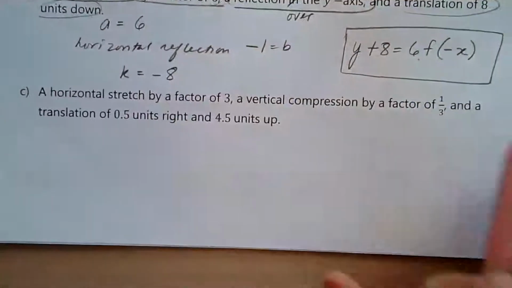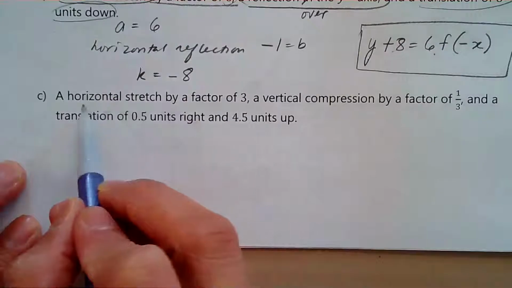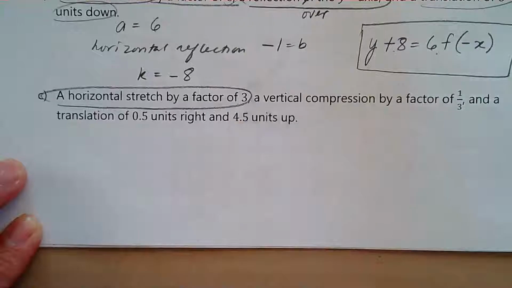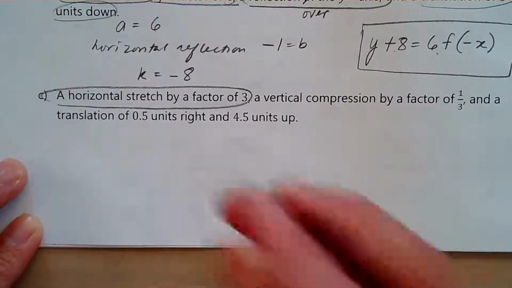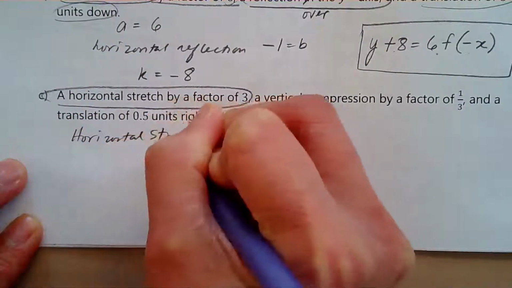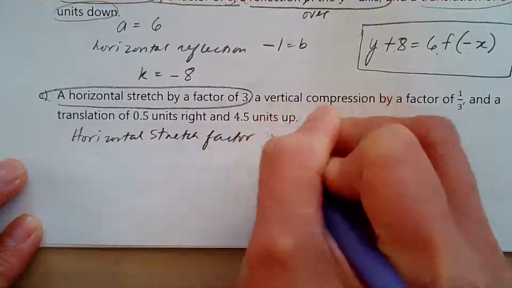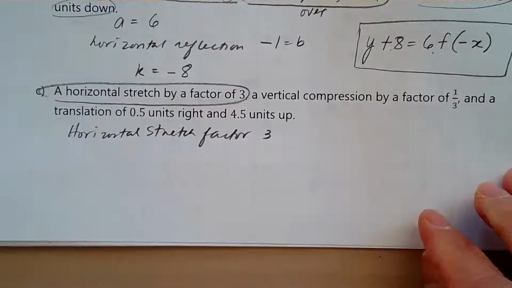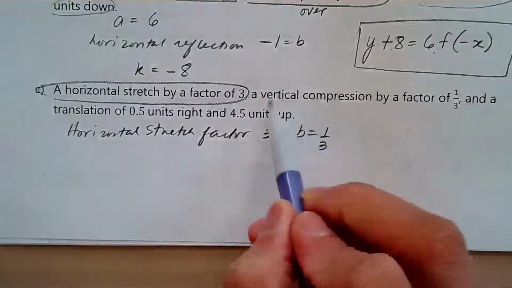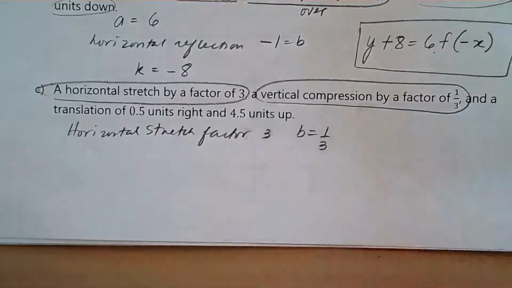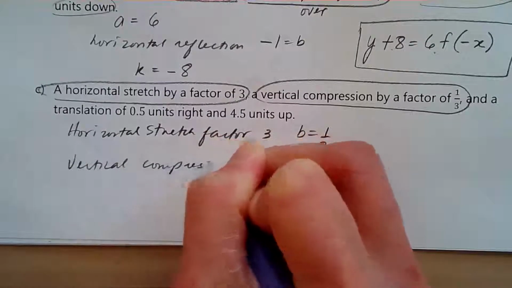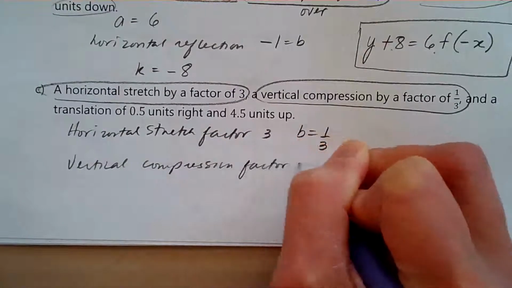Do letter C. Horizontal stretch by a factor of 3. So the factor is 3. So that means the B is 1/3. Perfect. Vertical compression by a factor of 1/3.